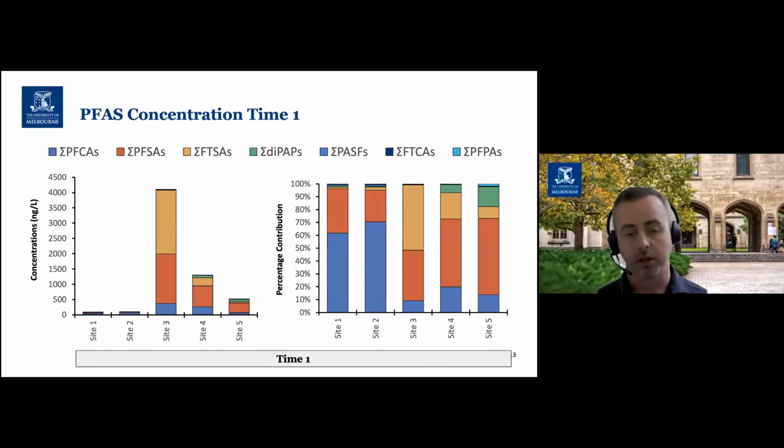But okay, so here's the results of these studies. What we found was that if you look at sites 1 and 2, there's low levels of PFAS in that surface water. And then during the fire incident, there was a major release of PFAS. Now, it was very interesting when we followed this up.